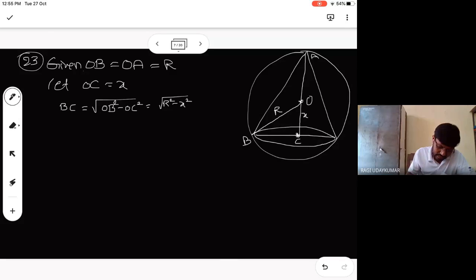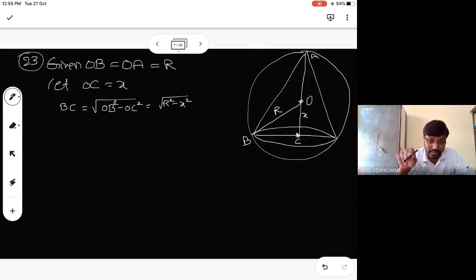So this is BC. Why am I finding this BC? Can anyone say? BC is the radius of the cone, and the height of the cone is AC. One by three pi r square h is the volume of the cone. The radius of the cone should be there, in terms of capital R, which is fixed.